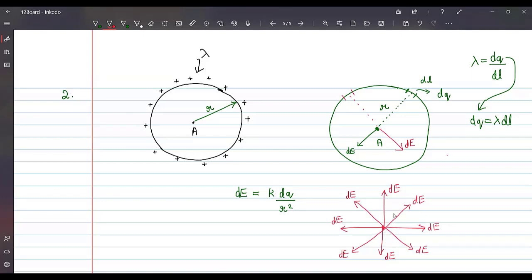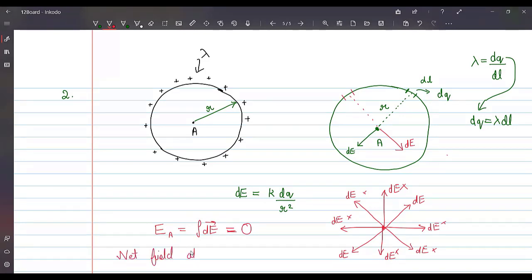So all the components of dE will cancel each other out. So the net electric field at point A, that is the integration of the dE vector, will be 0.